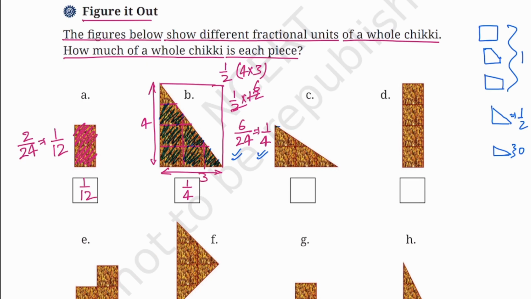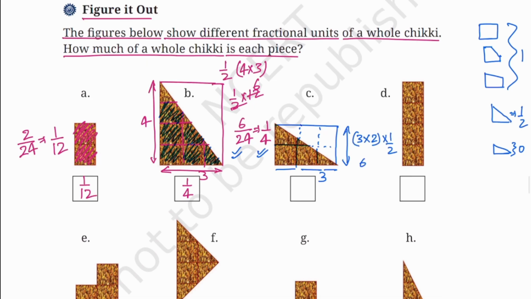Similarly, you can find the area of this piece of chickpea. Half of 3 into 2, that is half of 6, that is 3. 3 out of 24 is 1 upon 8.